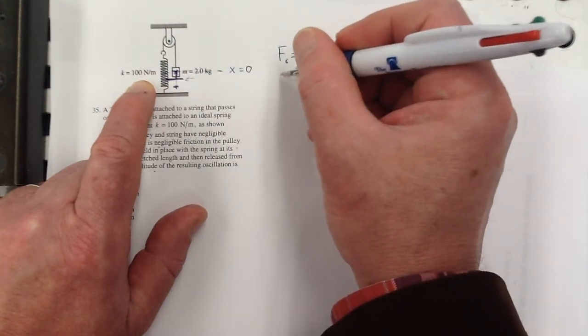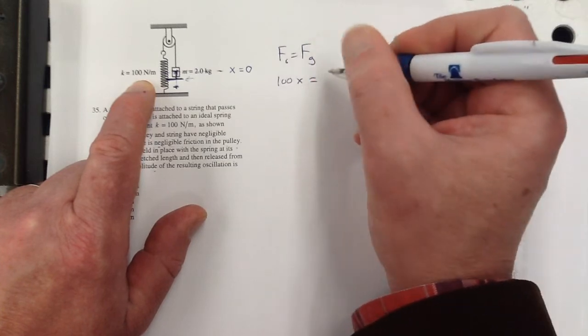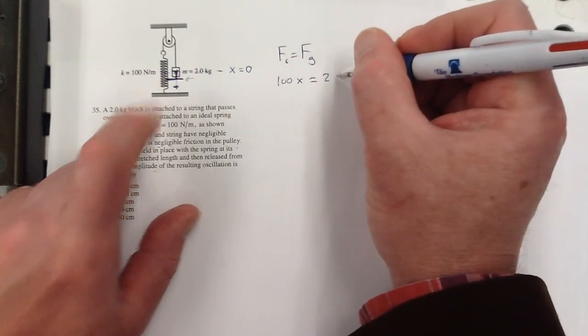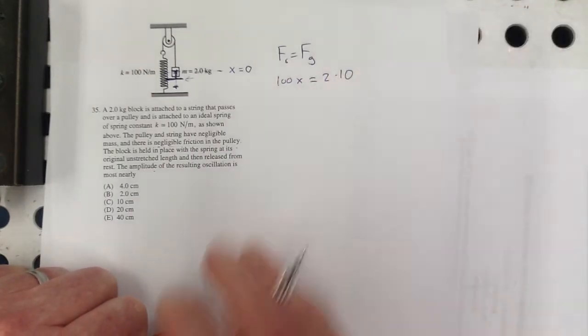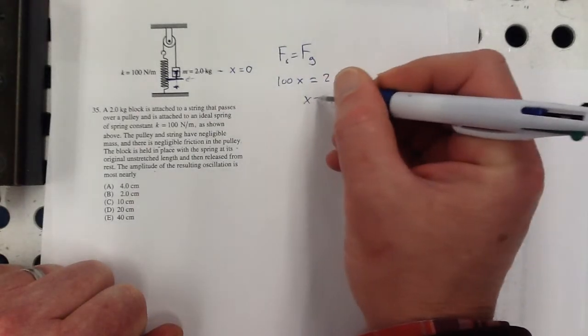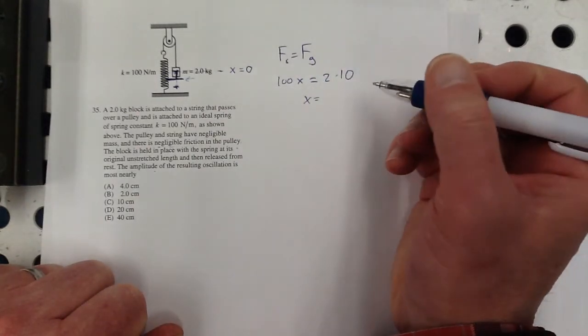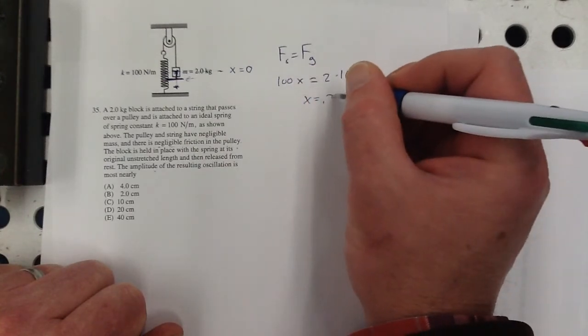That would give me kx on this side is mg. I'm just going to use 10 like they suggest because that makes it easy. So x is going to be equal to 20 divided by 100, or 0.2.